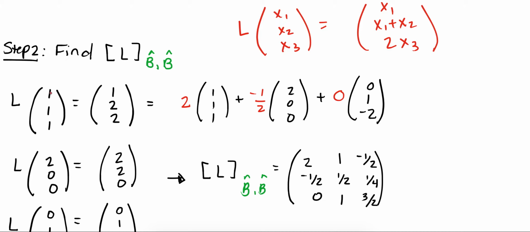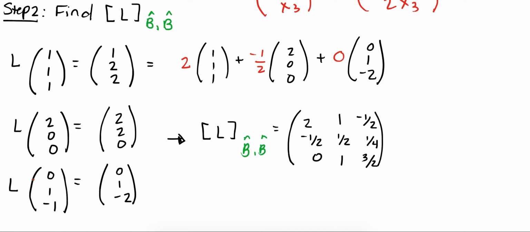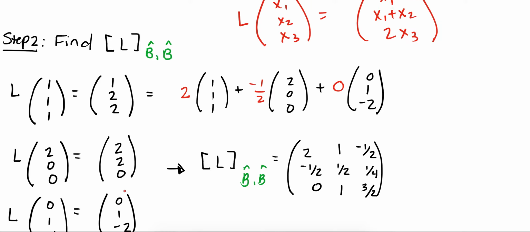So if you plug this in, you get 1 plus 1 is 2, and then 2 times this is 2. You can see that you get 2 plus 0 is 2, and then 2 times this. And then finally 0 plus 1 is 1, and then 2 times this is negative 2.